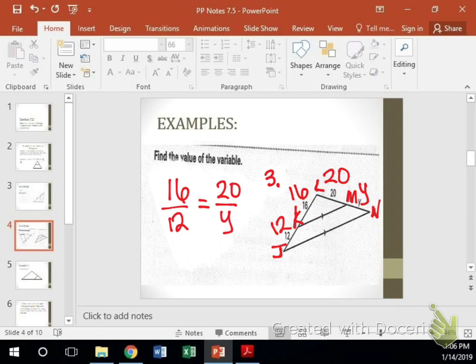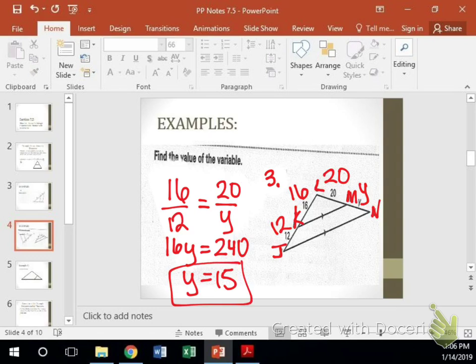Good, 20 over y. In order to solve this, we have to cross multiply and solve. 16 times y. 16y equals 240, good. And then we divide and y equals 15. Wonderful.